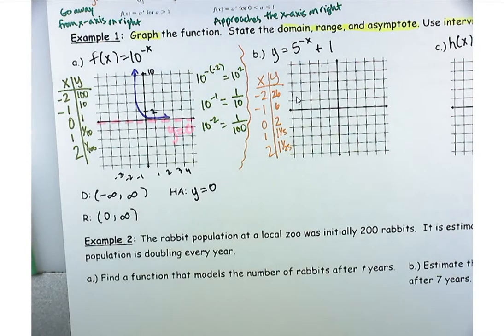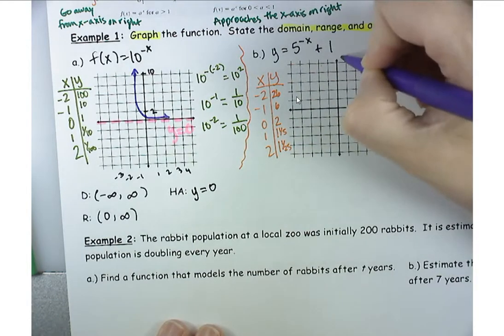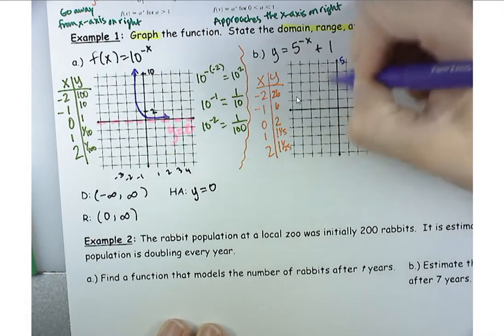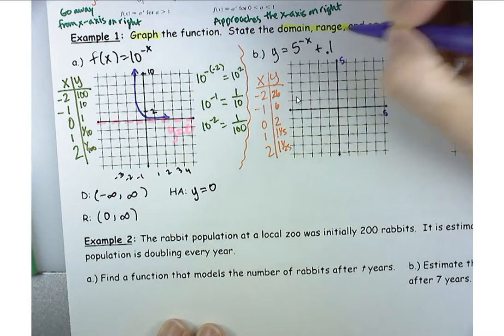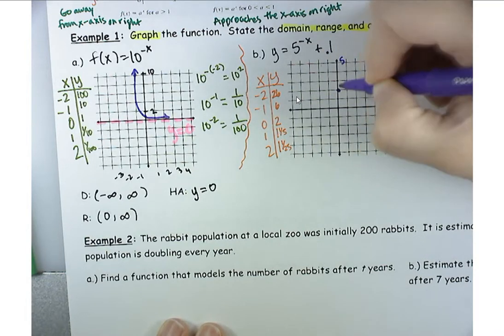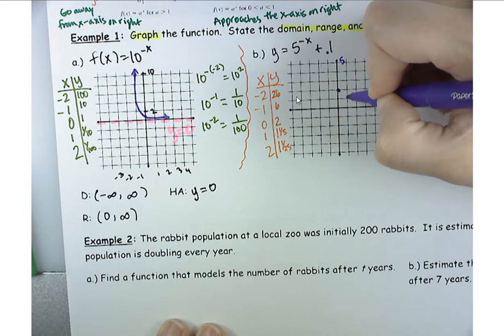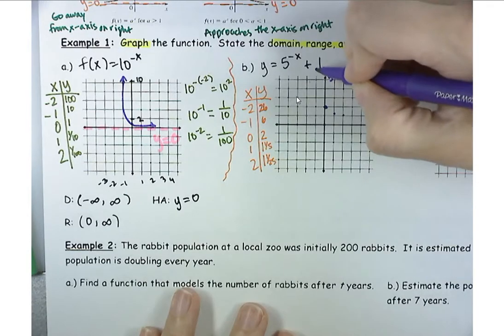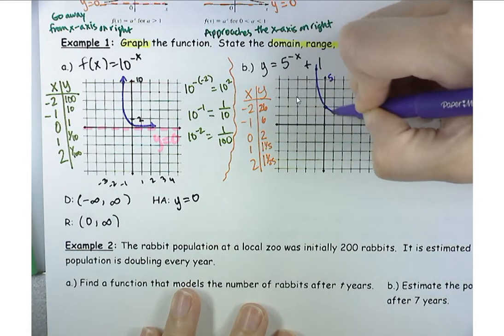Okay, so I'm going to keep this by 1, so I'm just going to put that first point a little bit off of it. So if this is 5 and 5, at negative 1 I'm at 6. At 0 I'm at 2. At 1 I'm at 1 and 1/5. And then as I go on, these are going to get smaller and smaller.